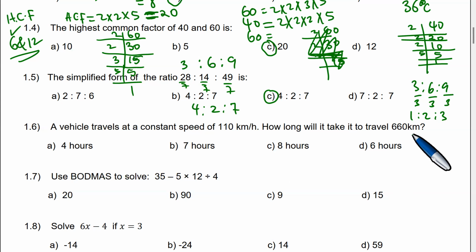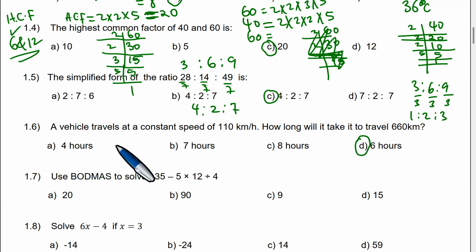So it says we travel at a constant speed of 110 kilometers an hour. So we need to multiply it by 6 to get 660, which is 6 hours. Well done. It's 6 hours, D.